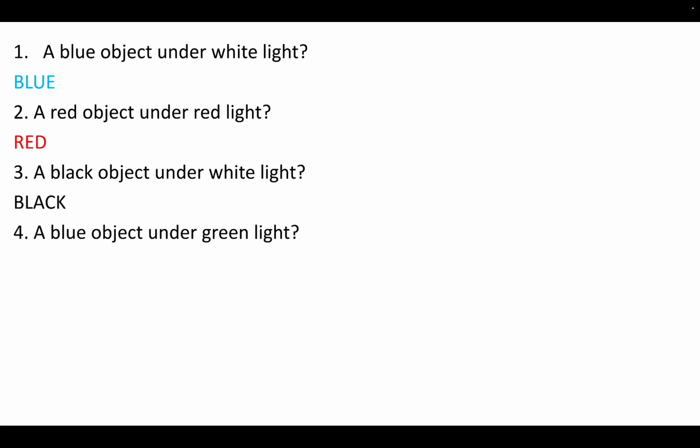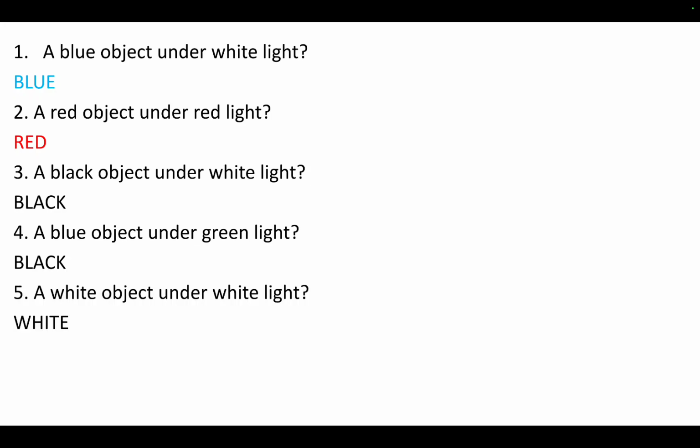How about a blue object under green light? Well, that'll appear black as well. Blue objects reflect strongly blue wavelengths of light, so when you shine green on it, the green will be absorbed. There's no blue light being reflected, so the object will appear black. A white object under white light will still appear white.